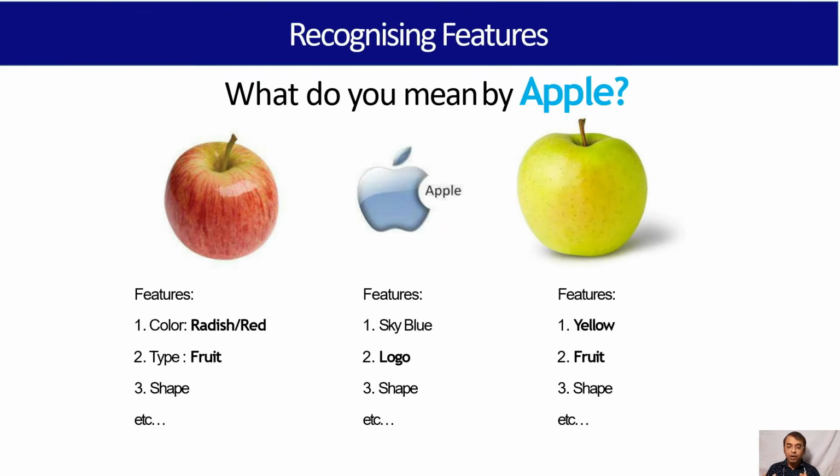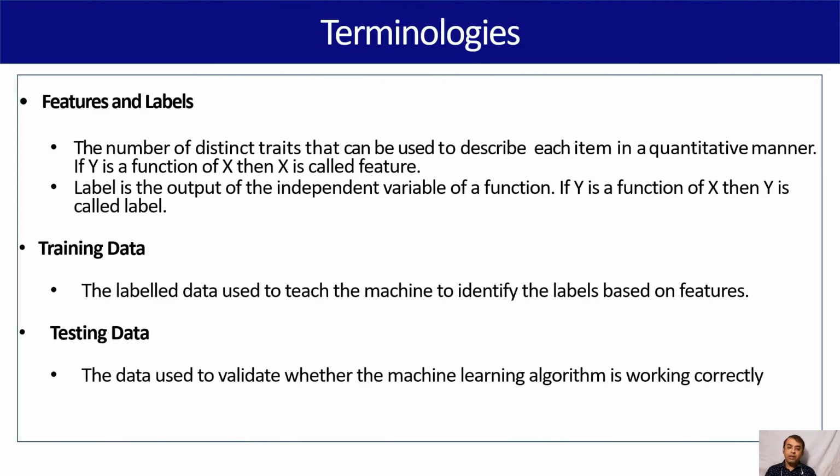So how can I identify an object? That is basically the feature. That means the properties, or you can say the characteristics, that help to identify any object. Some terminologies: features and labels.